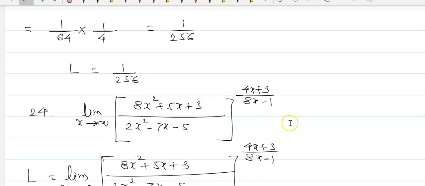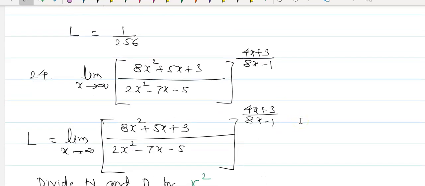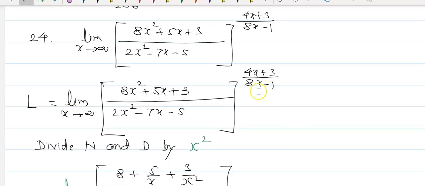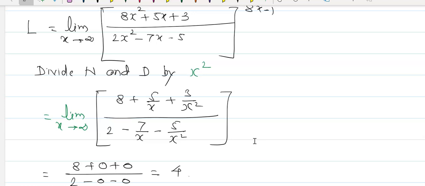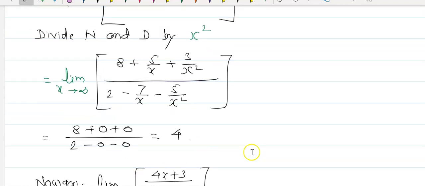Now see this again here, the same problem. Divide numerator and denominator by x square for this term. Taking this term, the answer is 4.